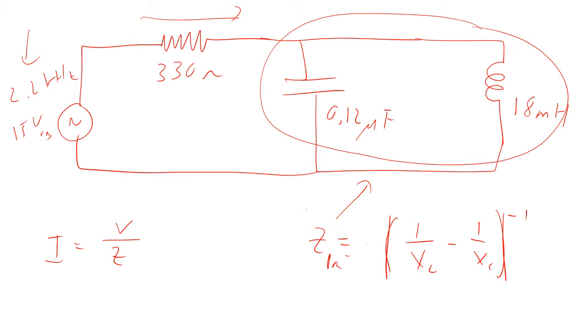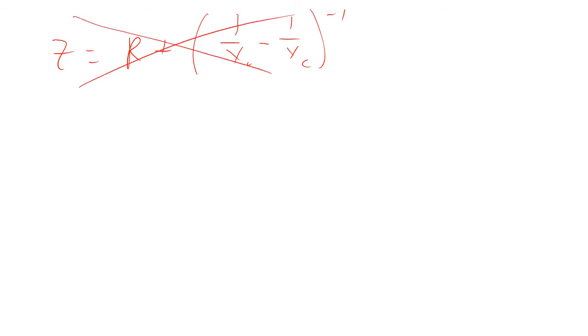Now, you would think naively that the total impedance would just be R plus (1 over XL minus 1 over XC) to the minus 1. And that would be wrong. Why is that wrong?